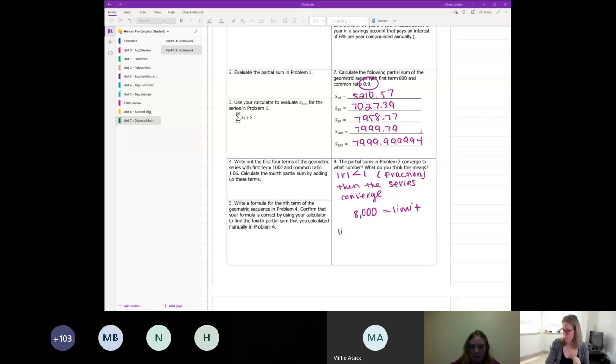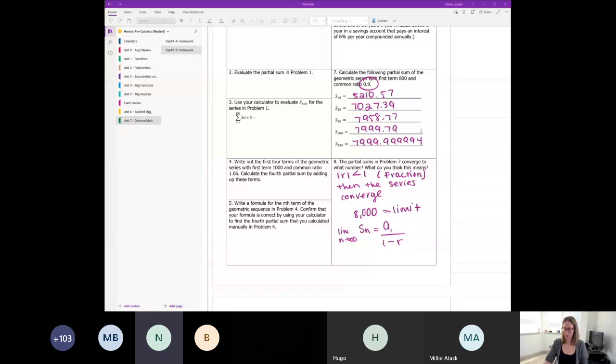The limit as n goes to infinity of s of n equals your first term divided by 1 minus r.